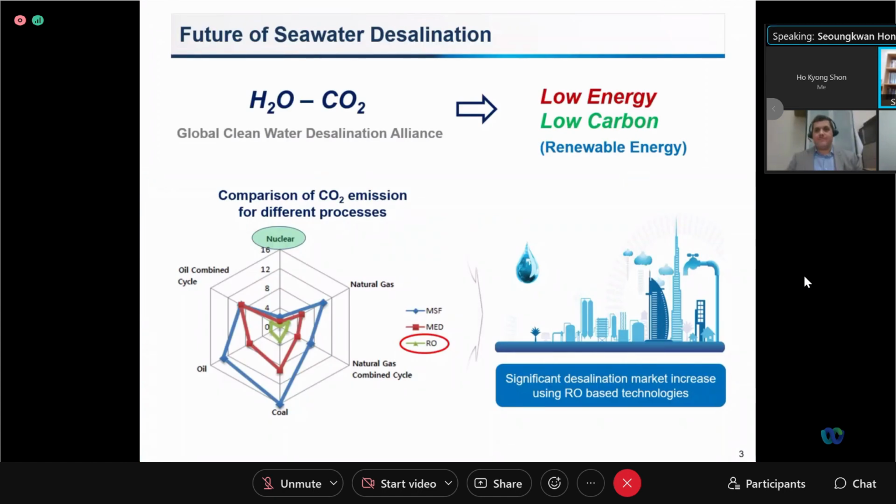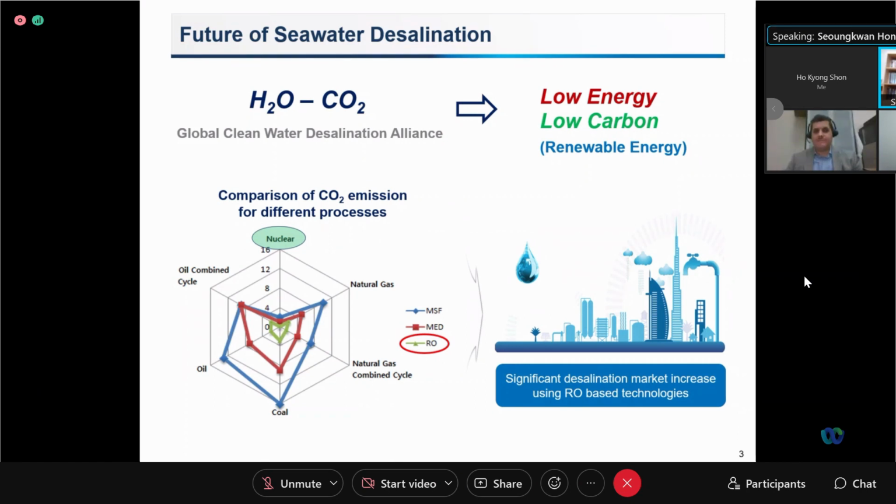The future of desalination technology can be summarized as low energy and thus low carbon, which is integrated with renewable energies such as solar and wind power. Compared to thermal desalination such as MED and MSF, RO-based desalination produces much less CO2 regardless of the source of energy used.